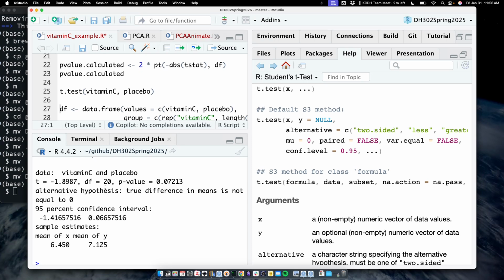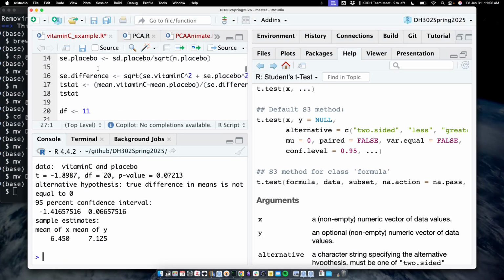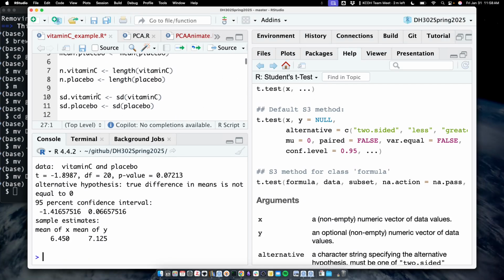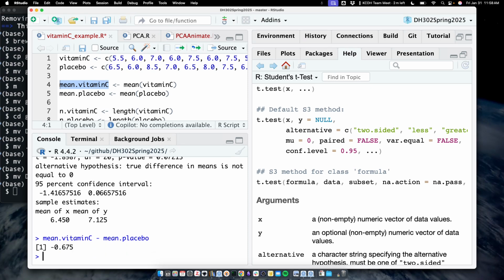And you can also apply a z test here, right? So for example, if I wanted, I know the difference. So this is minus 0.675.